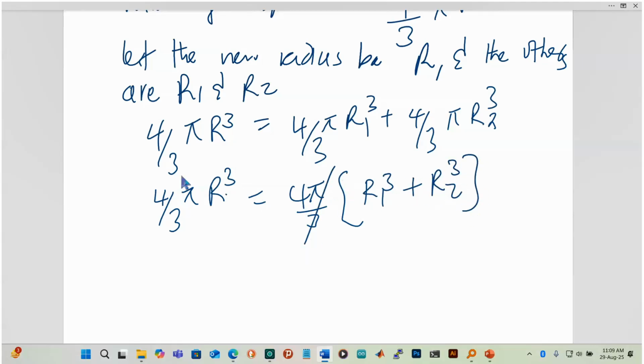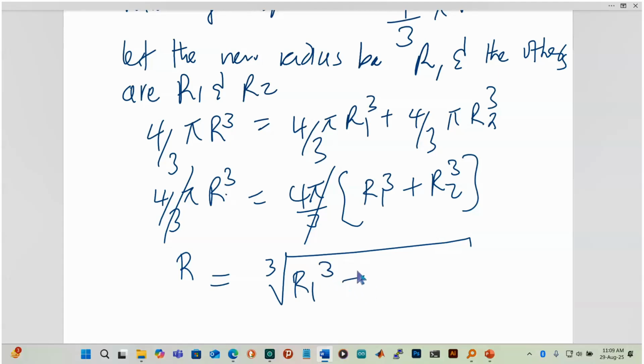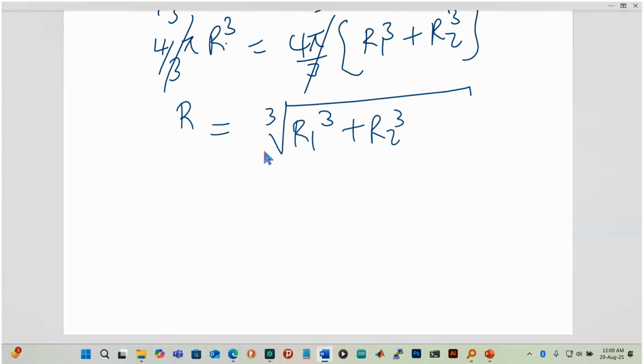So we can cancel these, and we remain with r equal to the cube root of r1 cubed plus r2 cubed. We just have to substitute in our values.